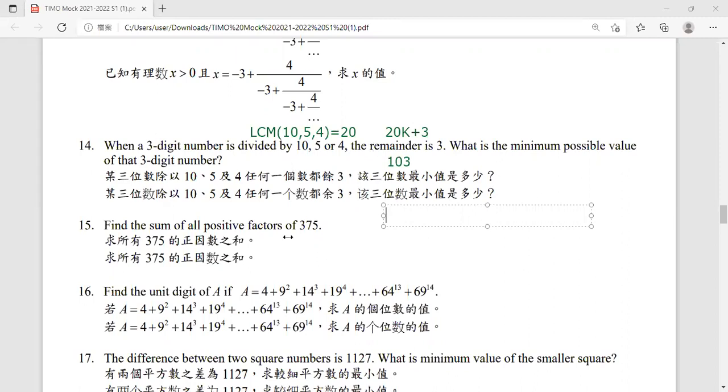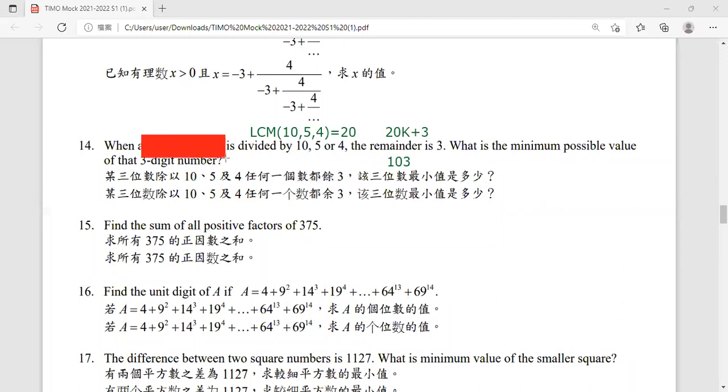Okay, 15. Which question are you confused about? Okay, now I will explain this one further. Let's pretend that you don't know it.